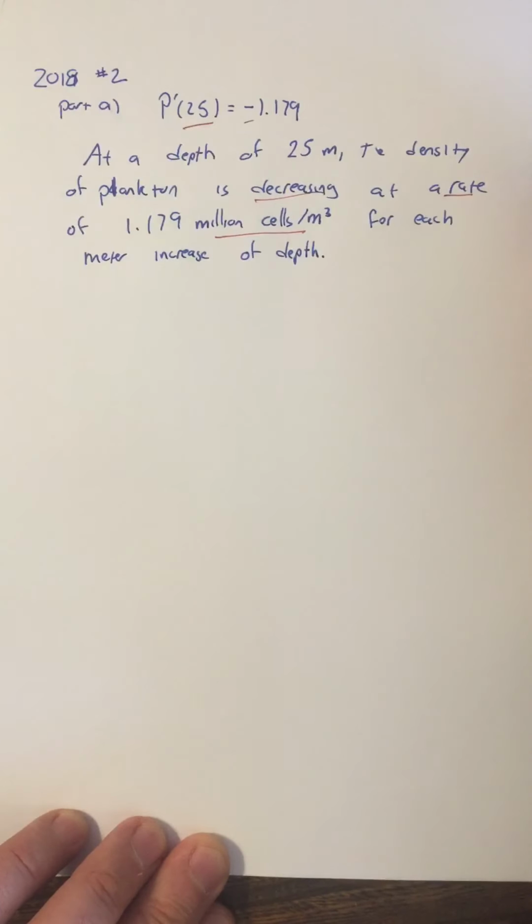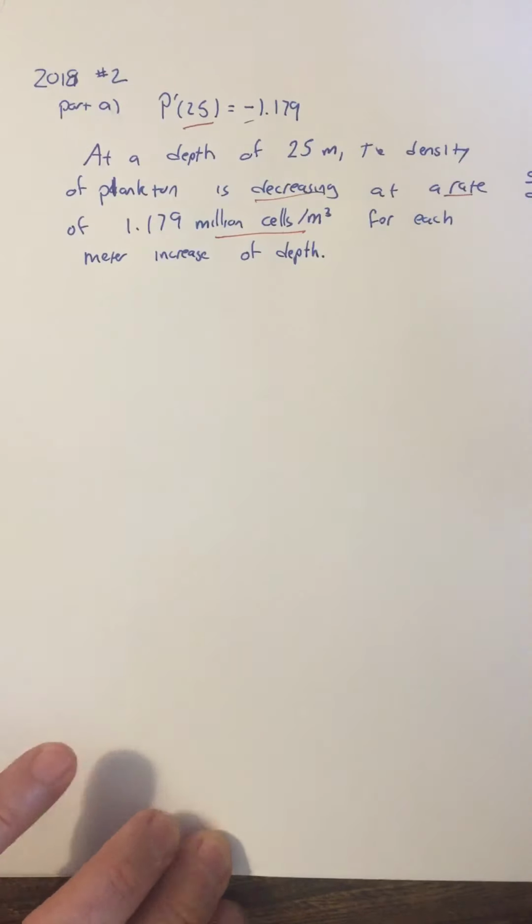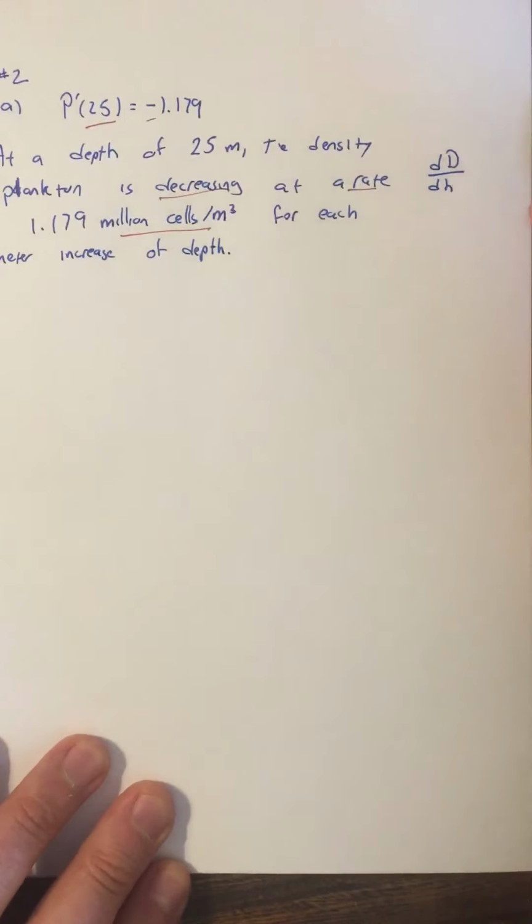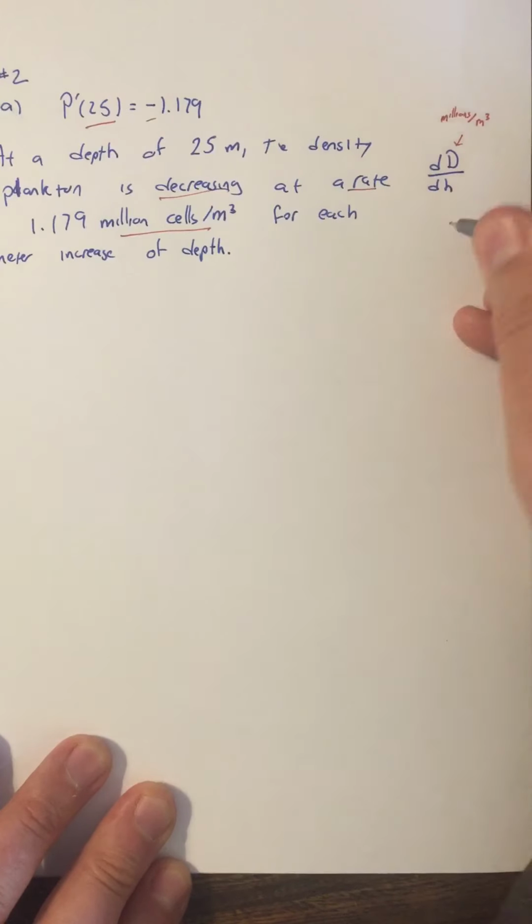So if we think of density as a capital D, it's dD/dH, and that density is already being measured in millions of cells per cubic meter. But our height is also measured in meters. So when we put these units together, we're going to have millions of cells per meter to the 4th power.